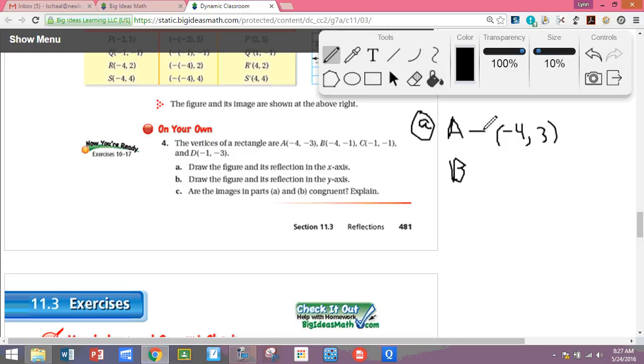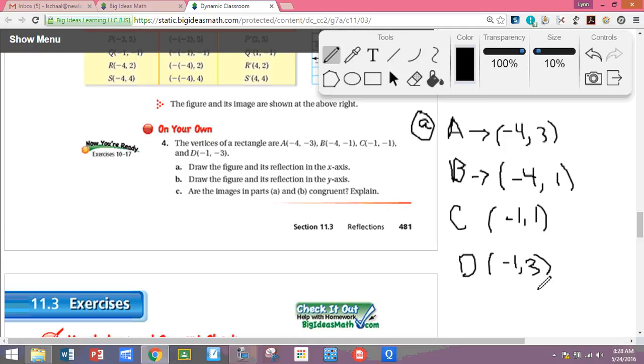B is going to be -4, 1. C is going to be -1, 1. And D is going to be -1, 3. You're reflecting along the x-axis, so your x-coordinates stay the same, and your y-coordinates become the opposite.